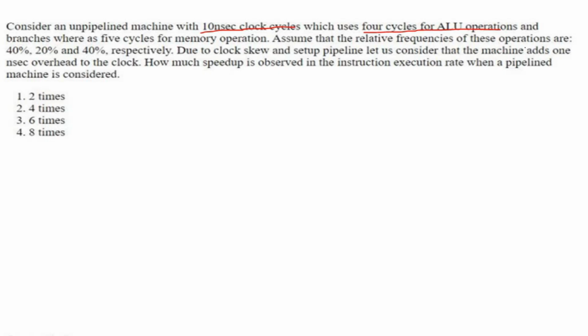Assume that the relative frequency of these operations is 40%, 20%, and 40% respectively. Due to clock skew and setup in the pipeline, let us consider that the machine adds 1 nanosecond overhead. This is again important information: 1 nanosecond overhead to the clock. How much speed up? This means how speedy is the pipeline system compared to the non-pipelined one, as observed in the instruction execution rate when a pipeline machine is considered.